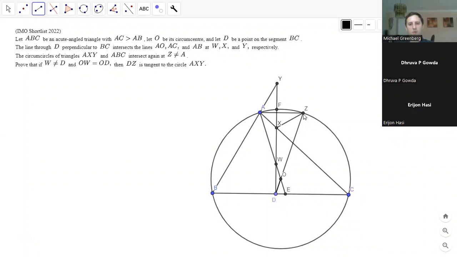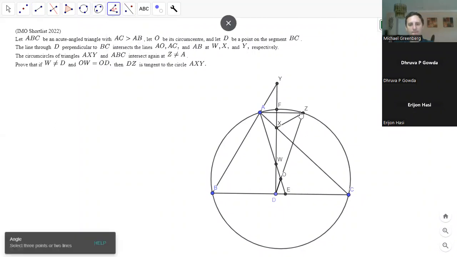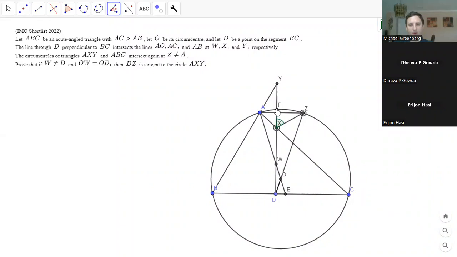So we need to show angle ZXF is equal to angle B. Yeah, and they're only slightly different because I didn't draw the figure exactly.